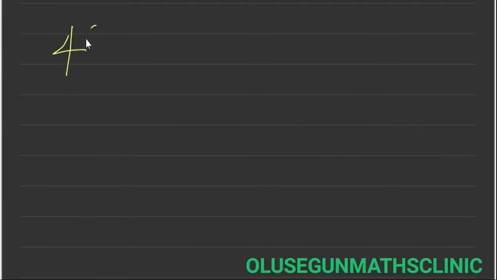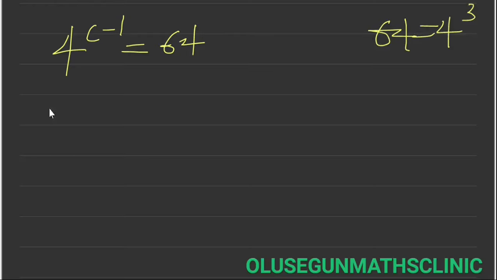4 raised to the power c minus 1 is equal to 64. You know that 64 can be written as 4 raised to the power 3. So 4 raised to the power c minus 1 is equal to 4 raised to the power 3. Recall that the bases on both sides are equal. So therefore, c minus 1 is equal to 3.